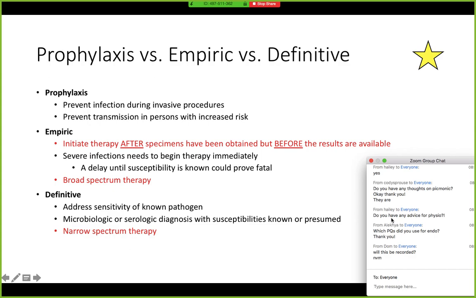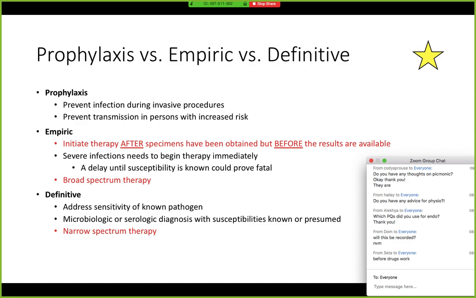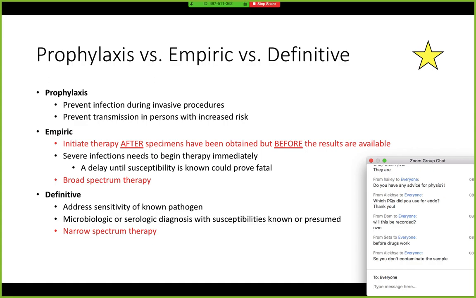So this is important because if you start your antibiotic therapy and then you draw your cultures, you're potentially killing the bacteria that you're looking for. So you run the risk of killing off the bugs before you can even detect what it is so you can accurately treat it.